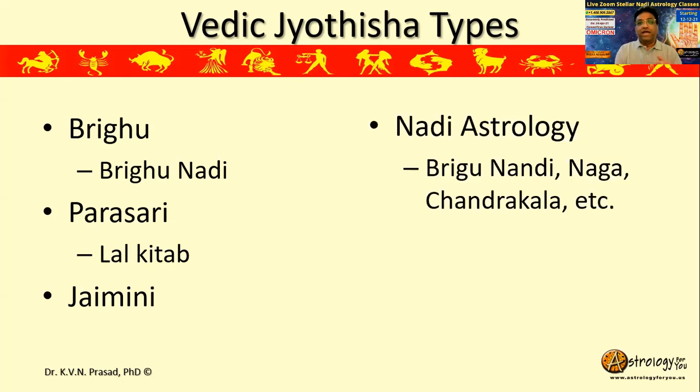Then Nadi astrology comes from Bhrigu Nadi, with some changes made. There is Bhrigu Nadi, Bhrigunandi Nadi, Naga Nadi, Chandrakala Nadi, like that. There are a lot of Nadi astrology methods.